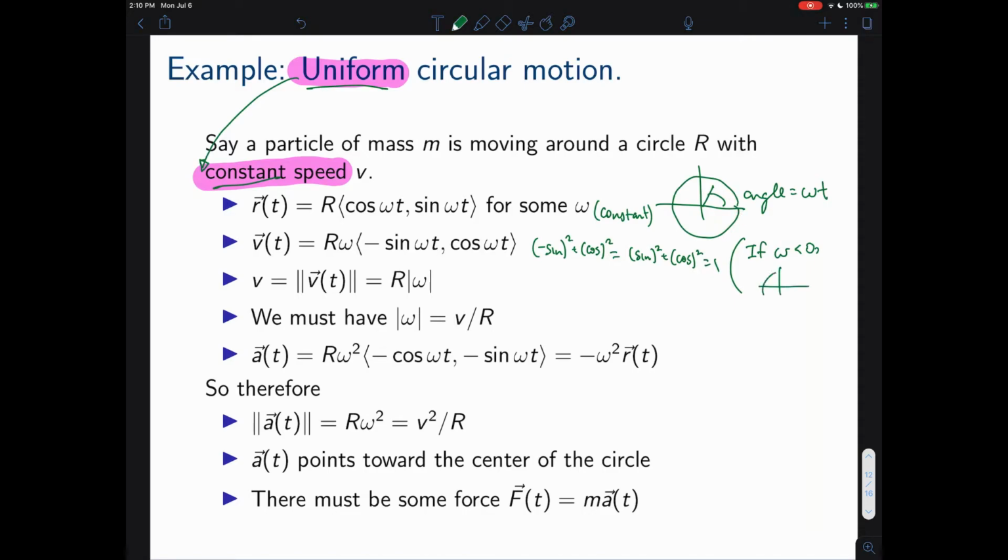So if omega is less than 0, then it's going in the opposite direction. It's a clockwise motion. Just in case omega was negative and we're going clockwise, we better put an absolute value to get the speed.